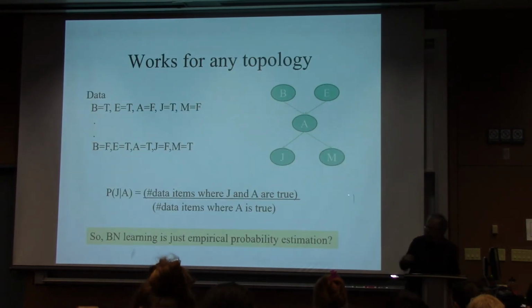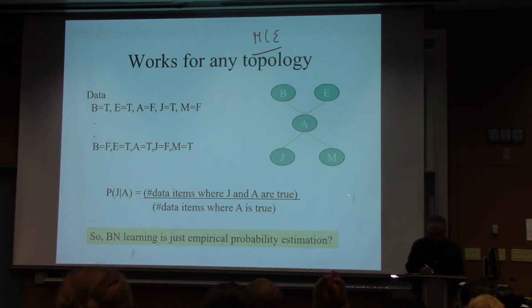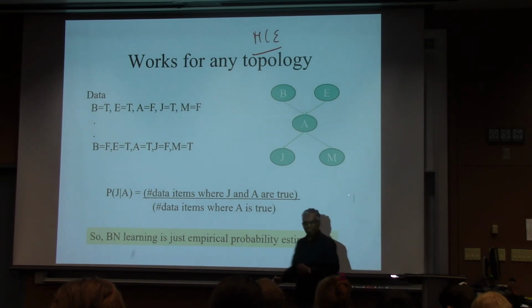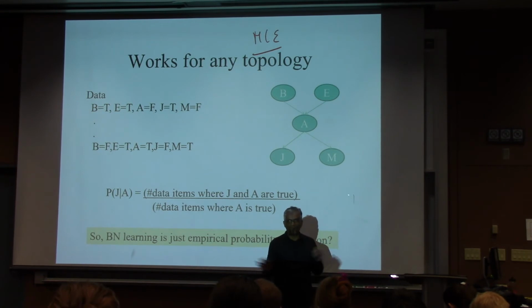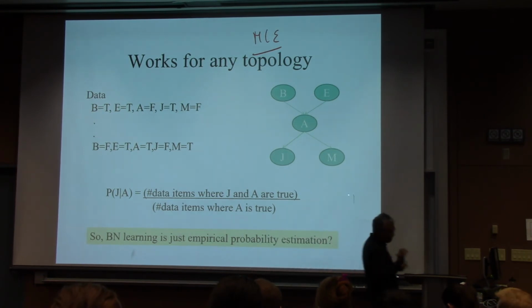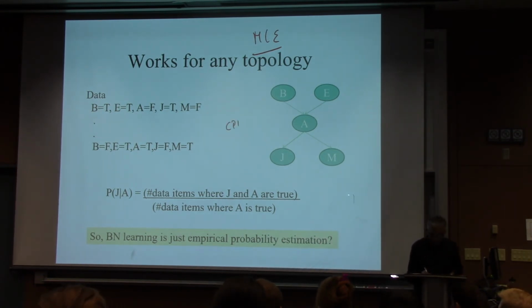So again, this idea that we're talking about, the MLE-based parameter computation for Bayesian network topologies, works for any Bayesian network. It doesn't have to be singly connected, it doesn't have to be doubly connected, it can be any random Bayesian network. It will work. In fact, the only requirement is that the CPTs are tabular.